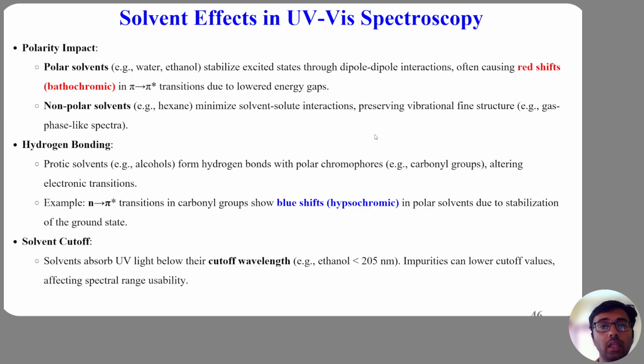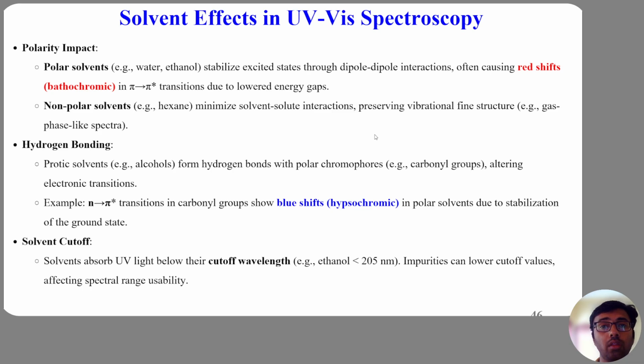However, polarity is not the only factor. Hydrogen bonding introduces much stronger effects. Protic solvents such as alcohols form hydrogen bonds with polar chromophores. Carbonyl groups are a common example. Hydrogen bonding specifically interacts with non-bonding lone pairs on oxygen atoms.